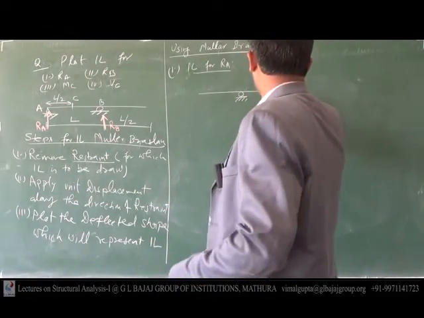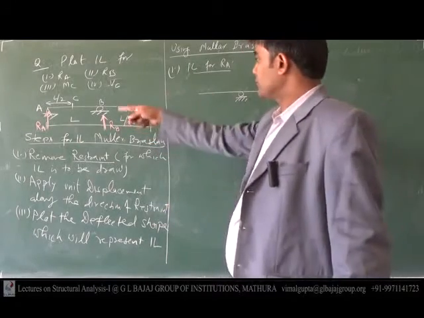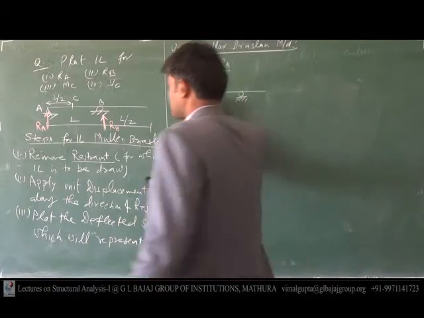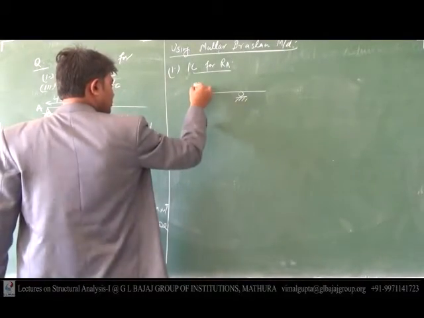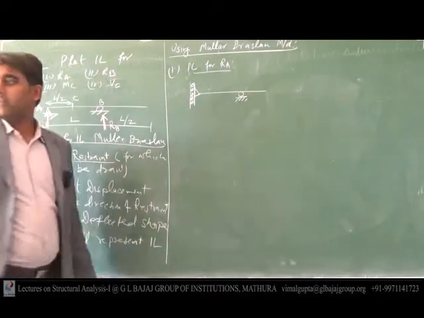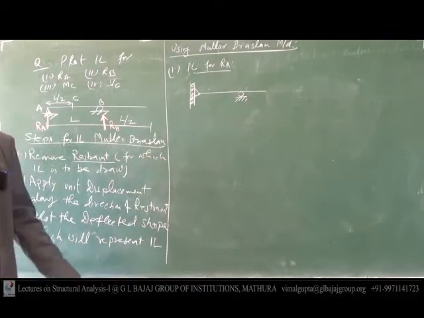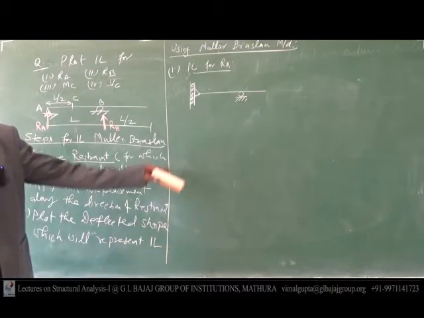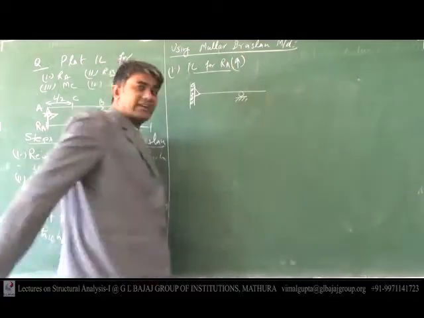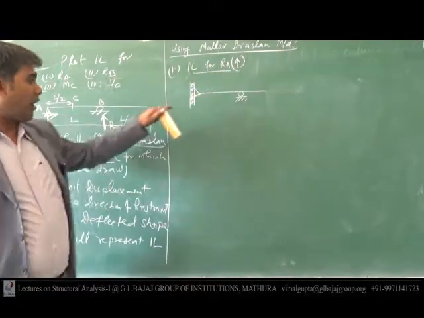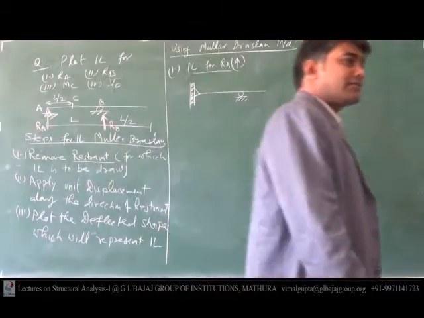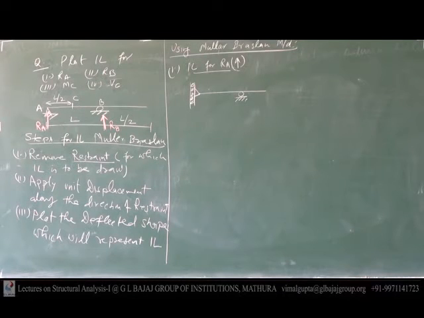At point A, you have to remove the horizontal displacement by providing such an arrangement. Here the vertical restraint, RA, is removed. Out of vertical and horizontal, the vertical restraint has been removed from here.